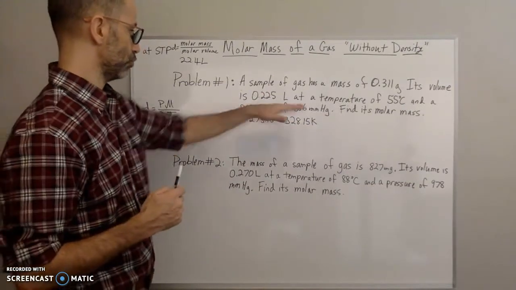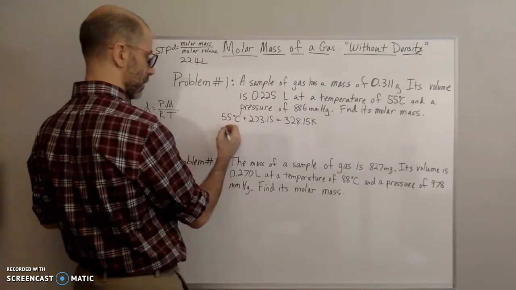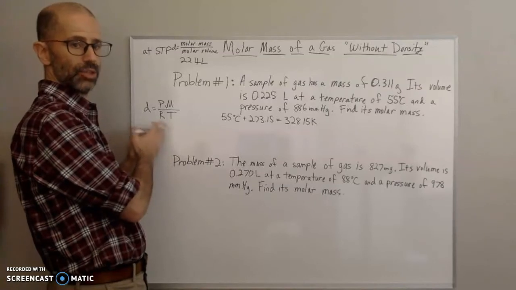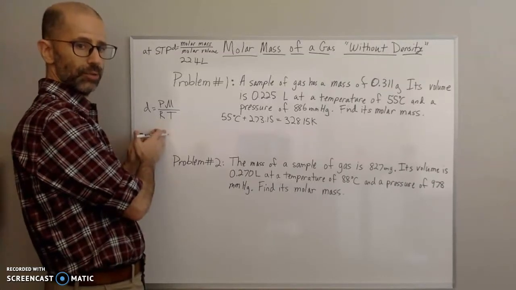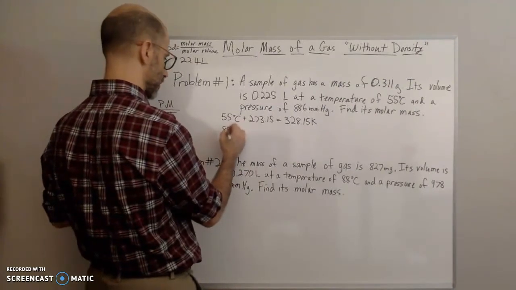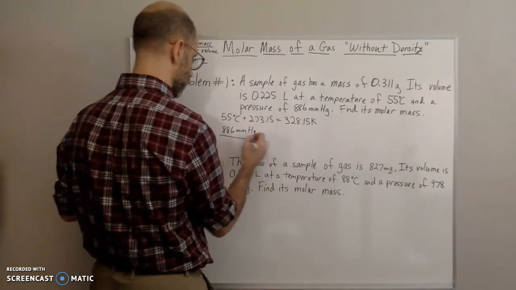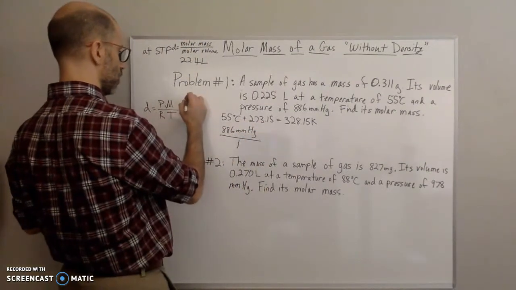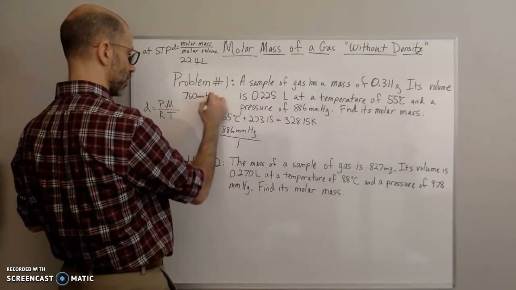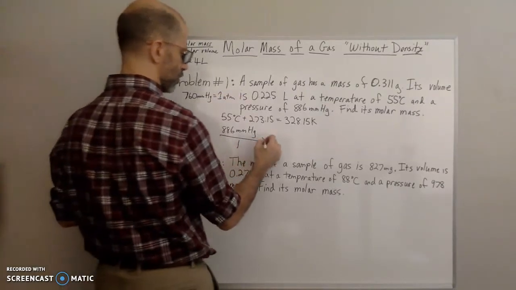Now we have to do our pressure. Pressure needs to be in atmospheres because of our R value. Remember, the ideal gas law constant has the units of atmospheres for pressure and Kelvin for temperature. So we have 886 millimeters of mercury over 1. 760 millimeters of mercury is equal to 1 atmosphere, so we can use that as a conversion.